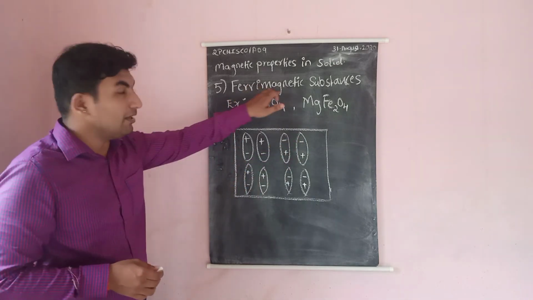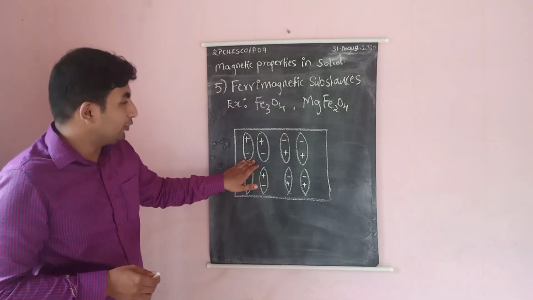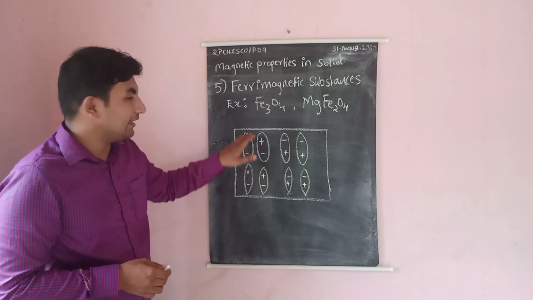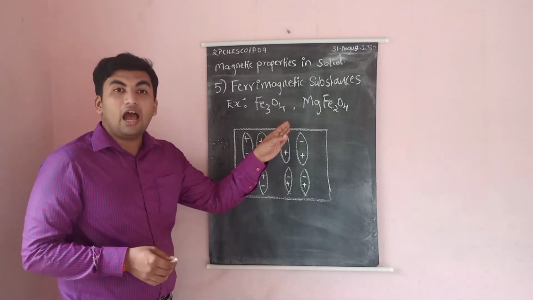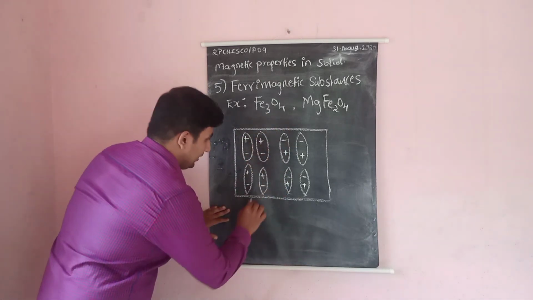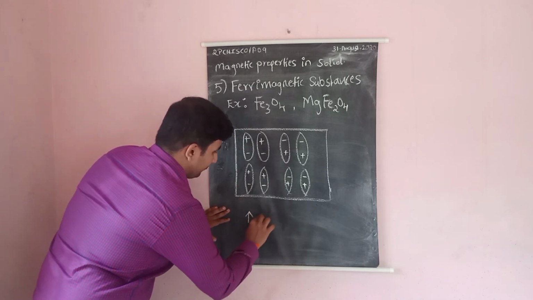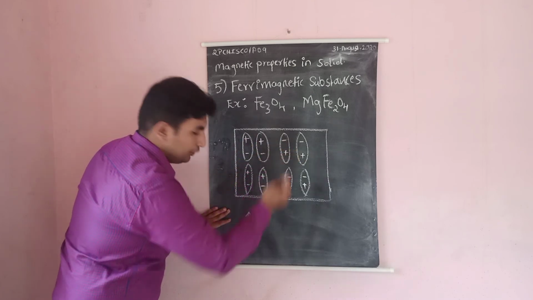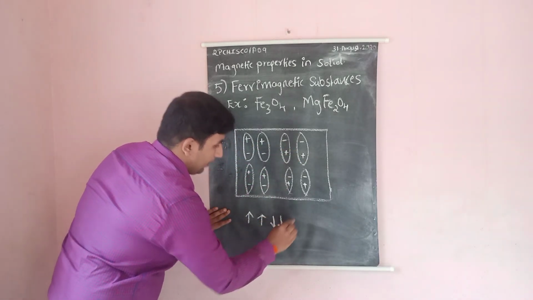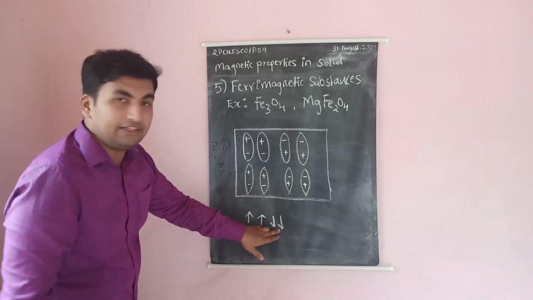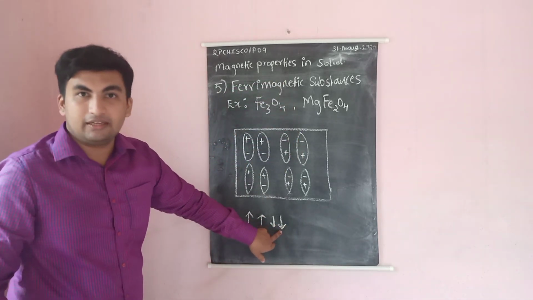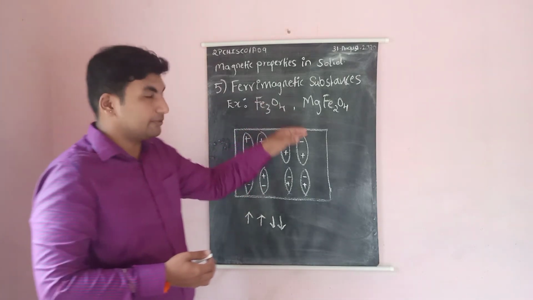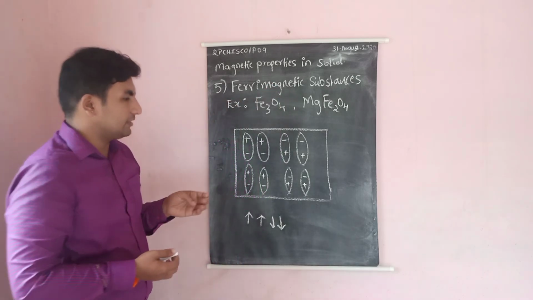But in ferrimagnetic substances, the domains are arranged parallel and anti-parallel in unequal numbers. That means these two directions are like this, plus minus, but these two orientations are in the opposite direction, isn't it? So in unequal number. This type of arrangement is called ferrimagnetic substances.